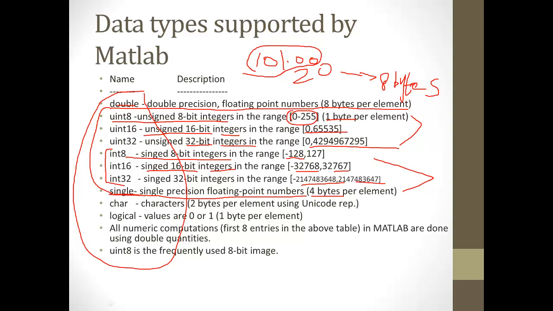That will be more accurate. Single and double sometimes we also call float. If you guys are familiar with Java and C, floats are there. Besides these 3 kinds, we also have a char.